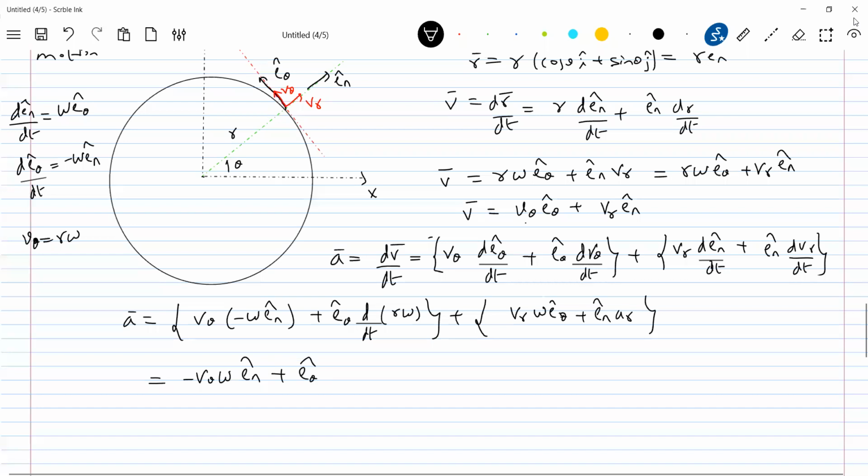Both R and omega are variable, so what shall I do? This will be R d omega by dt plus omega dr by dt. Derivative of this we have to do, no?